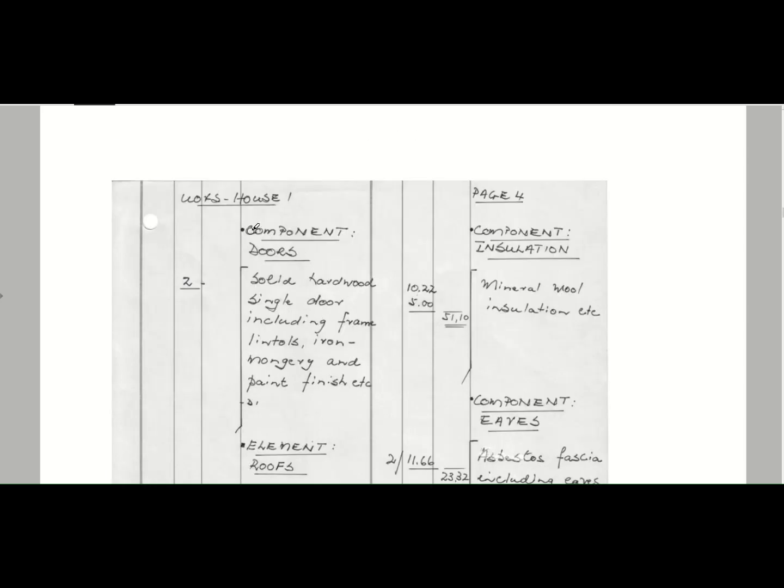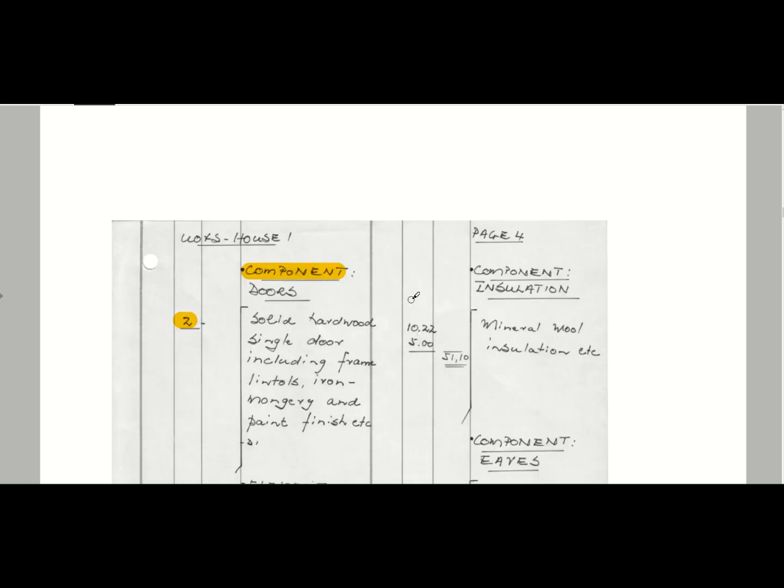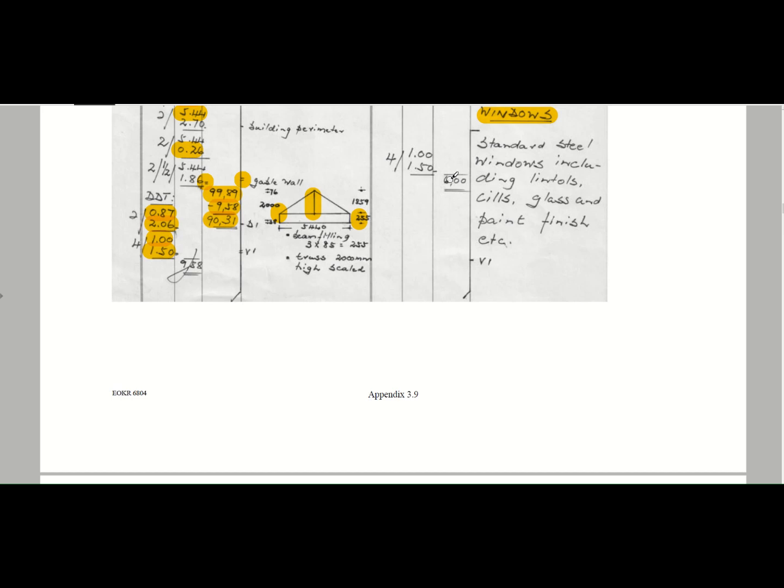So you've got your component for doors. Here you can see it's measured in number. The advantage of having it in square meter is if you've got different size windows and you don't have quotes for it yet, then you can use a square meter rate universal to all of your windows of the same type.